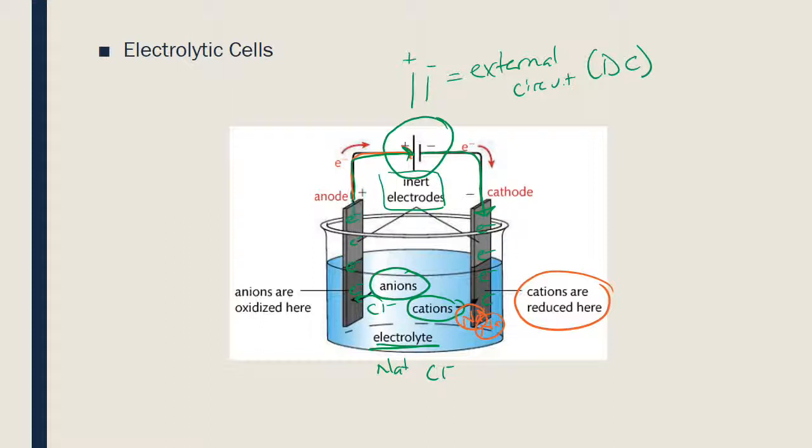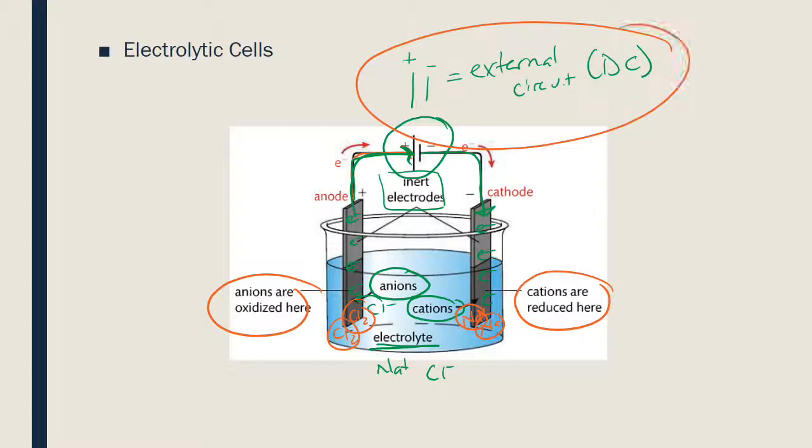And so those electrons can move back up into the power supply. So because chlorine is donating its electrons, it is being oxidized, which means we are starting to create chlorine gas, pure chlorine gas. So now we can siphon off these two very reactive elements into their standard states, which is pretty cool. All being worked by that external circuit.